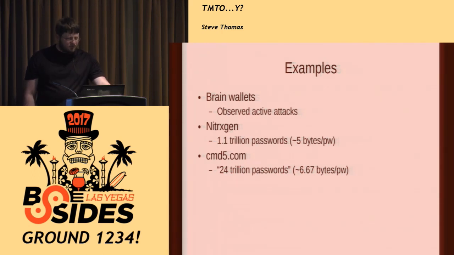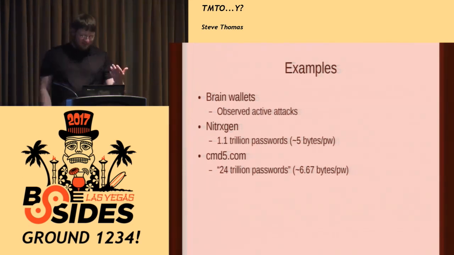And then there's this website, CMD5. They have a Chinese version, an English version, and a Russian version. And all the numbers, when you translate what they say, they're all different.